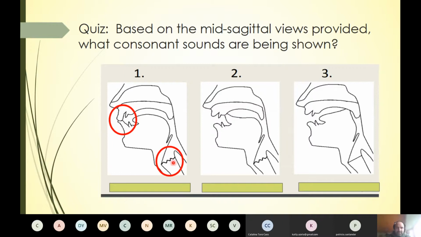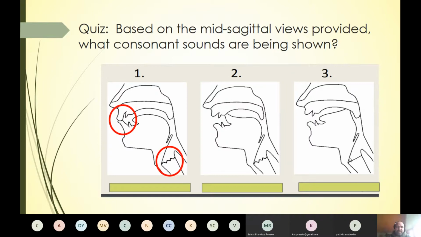Okay, so if you compare this area and this area and this area, and you take a look up this section, what kind of sound is the one produced here? M. Okay, and can you be more general?